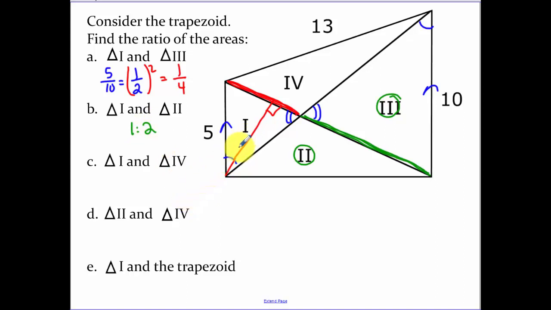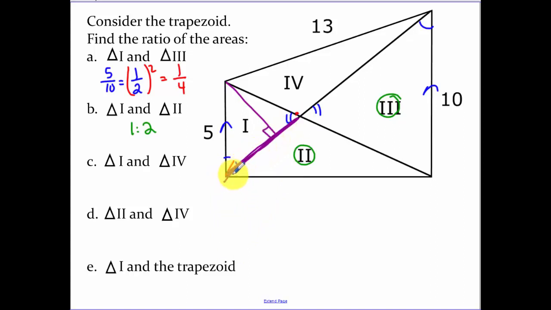Same thing holds true when we're comparing 1 and 4. Let me do a little bit of erasing here. Okay, now between 1 and 4, you guys might be able to better see the altitude that I draw in. When I draw in my height or my altitude, again, it's going to be the ratio of the bases. I have one base here.